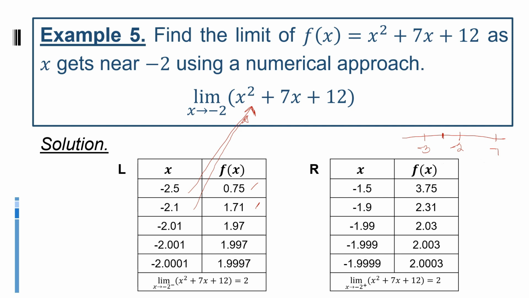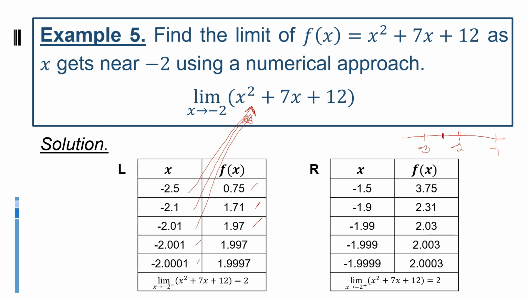Ngayon, palapitin pa natin mas lalo. Yan na siya. Negative 2.01. Then, plug in sa ating function, that is 1.97. And if we plug in negative 2.001 and negative 2.0001, notice that yung ating f of x gets nearer and nearer to 2.